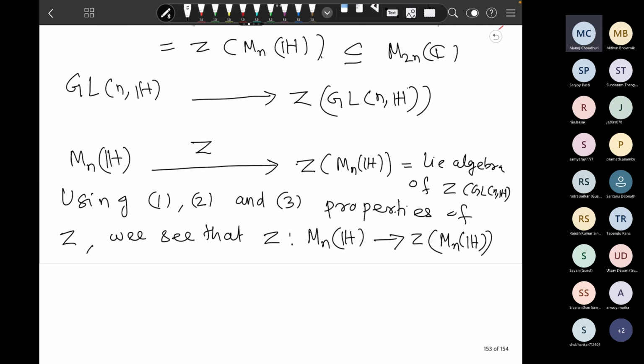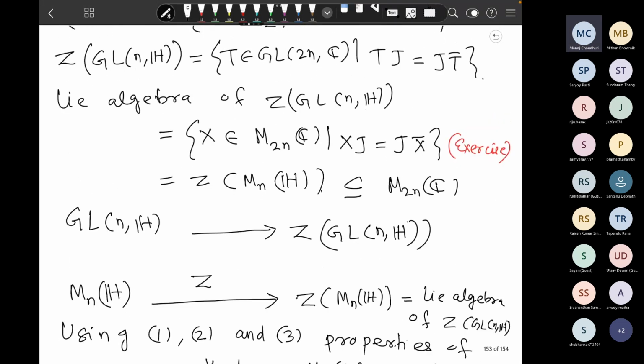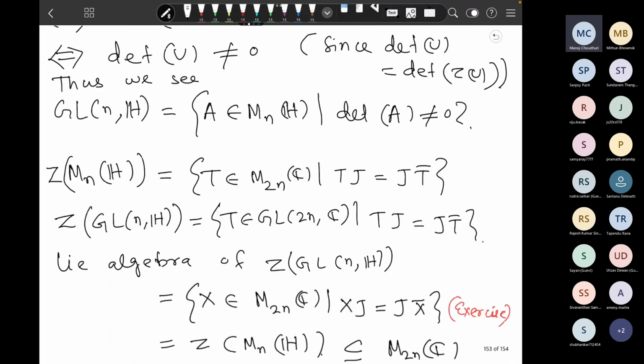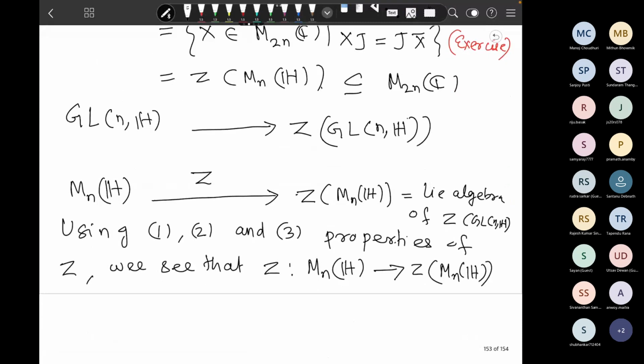The dimension will not be the same. You can also see them as Lie algebras, or as Lie groups: GLnH embedded inside GL2n(C). It is a Lie subgroup, but it's definitely smaller than that, right?